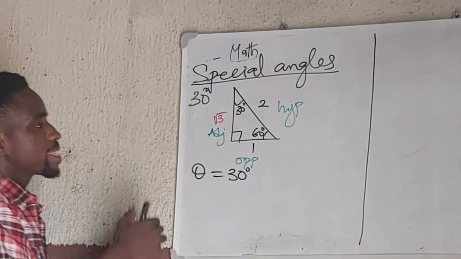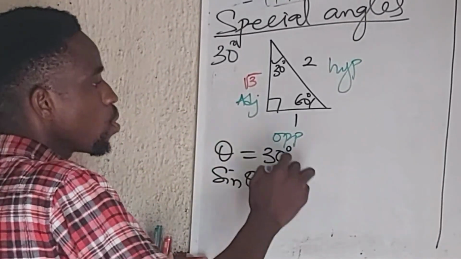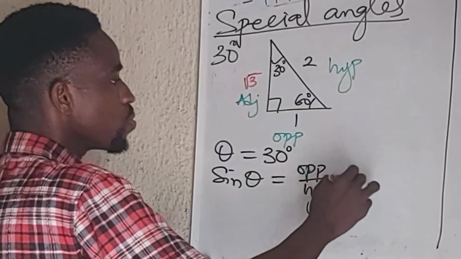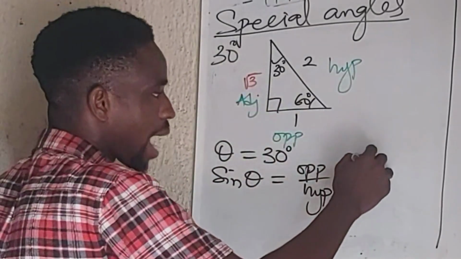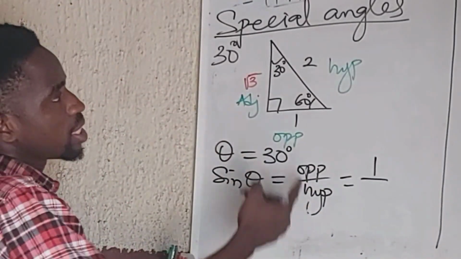So sine theta, remember, sine theta is opposite over hypotenuse. In which case, our opposite is this side 1, and then hypotenuse is this side 2.